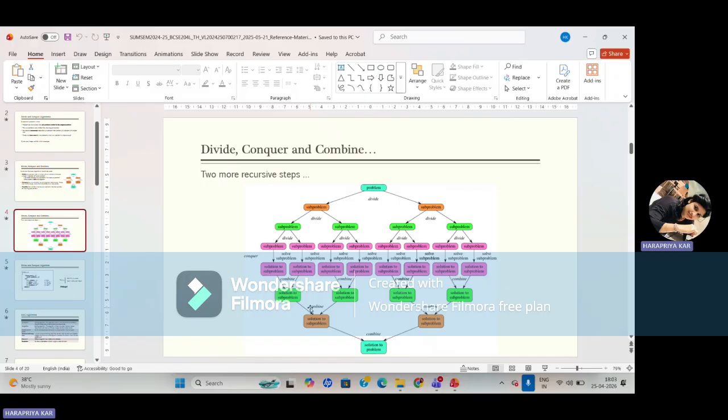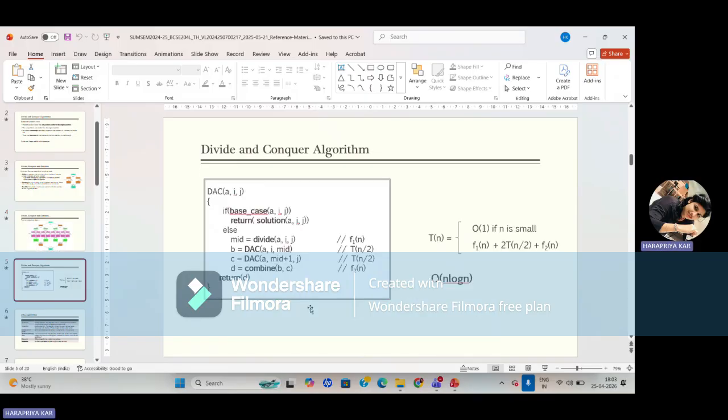Here is the algorithm, how the divide and conquer algorithm works. First of all, divide and conquer takes A, i, j. These are all variables. If it is the base case A[i..j], then return the solution for A[i..j], because we have to get the solution for the original problem as well as the sub-problem.